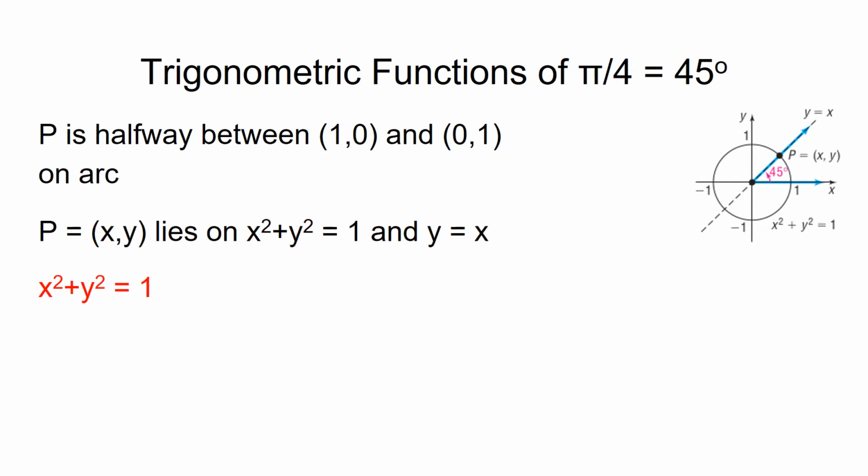We can use this fact to solve for x. Let's start with the equation of the unit circle. Since y equals x, we can substitute x for y. We sum the x squared terms on the left, and solving for x, we get either 1 over the square root of 2 or minus 1 over the square root of 2 as the values.